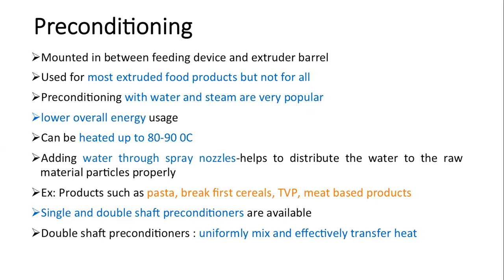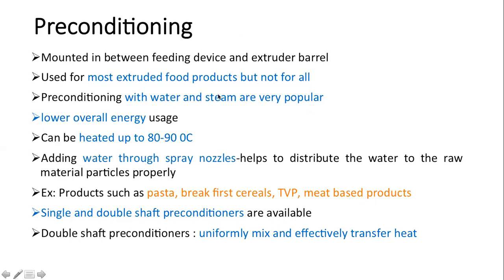If we have a double shaft preconditioning system, it is more effective than the single shaft one, to get a uniform raw material mixture before sending it to the extruder. As a result of installing a proper preconditioning system, the process efficiency will also be increased.